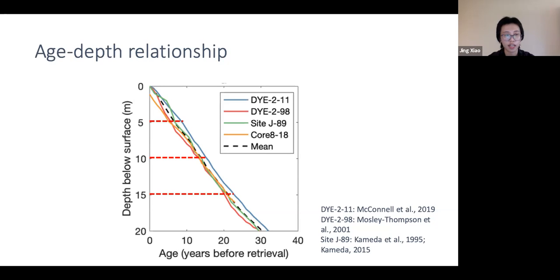These age estimates are just approximate because of the uncertainties associated with the determination methods, and also because the age depth relationship changes slightly over the years. But still it can provide us with a reference of the age depth relationship.